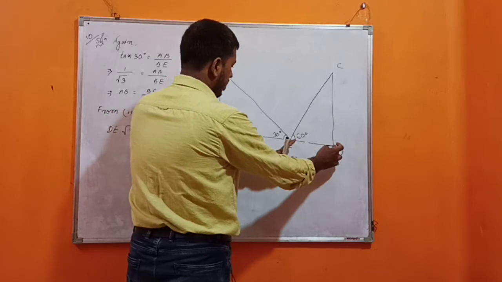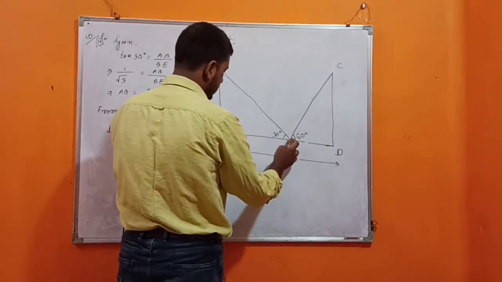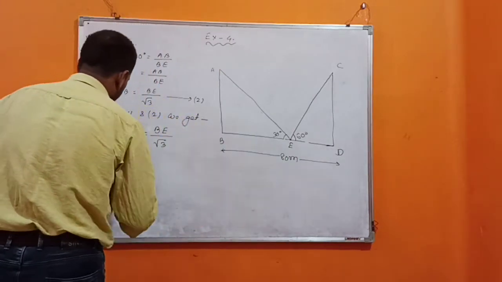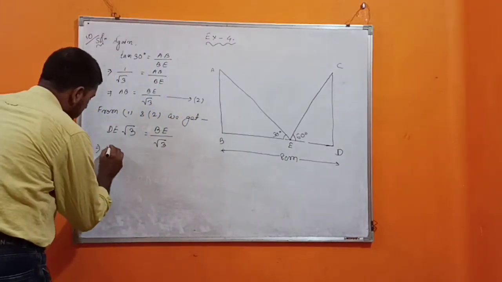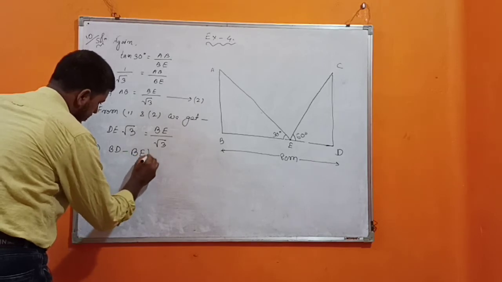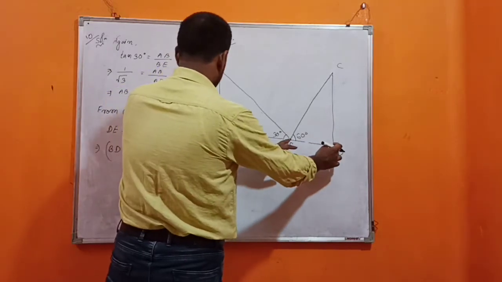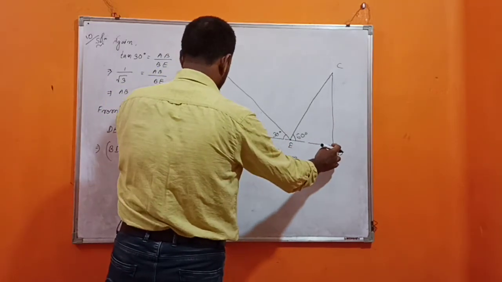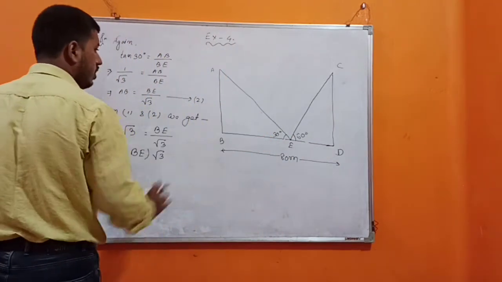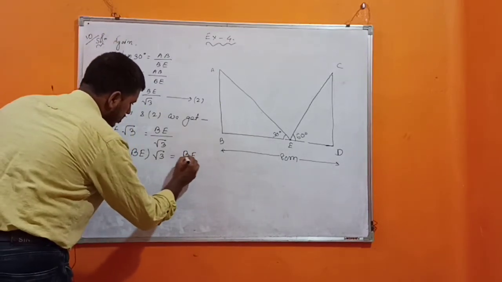Look at this: DE is equal to BD minus BE. So I am writing DE as BD minus BE, into root 3, equals BE by root 3. If you go through the figure, you will be able to understand.